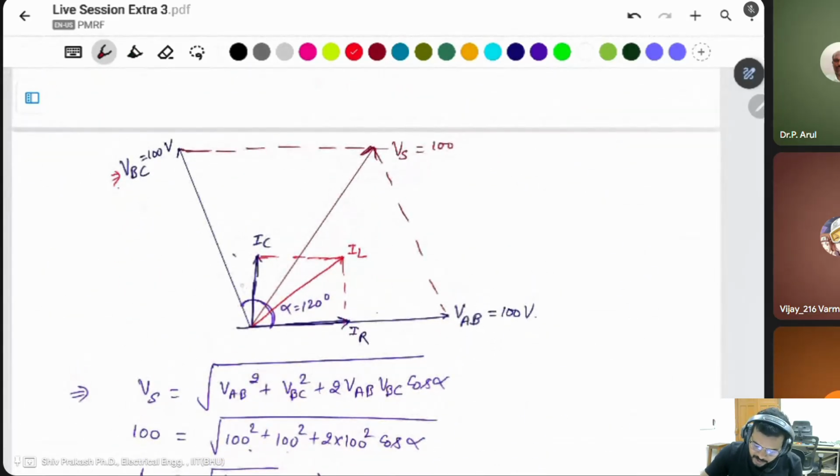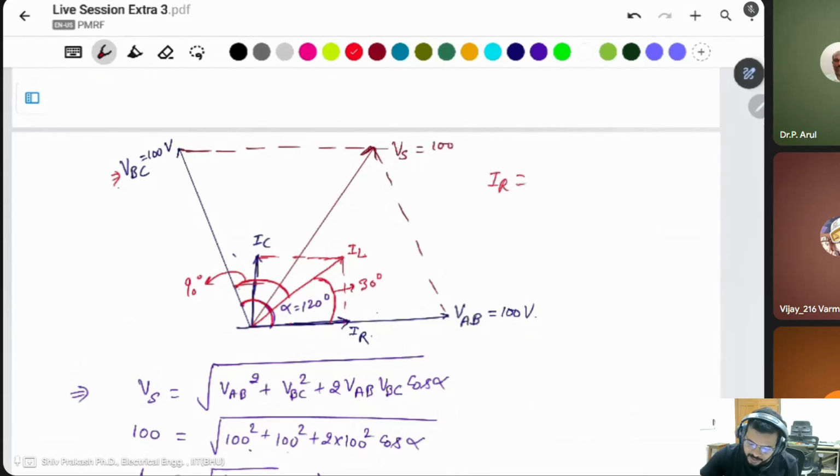What is the difference between these two? It is 90 degrees. If the difference between these two is 90 degrees, and the total difference is 120 degrees, then this one is 30 degrees. It means the angle difference between IL and IR is 30 degrees.